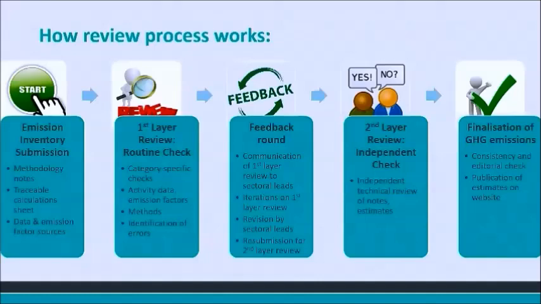Once we receive the revised documentation with improvements, it goes for the second layer review, which is an independent technical review. If there is any further room for improvement, it goes for another round of iteration with the sectoral leads and the team. The revised and improved document, after a satisfactory peer review process, then goes to the editorial check before finalization and uploading at the GHGPI official website.